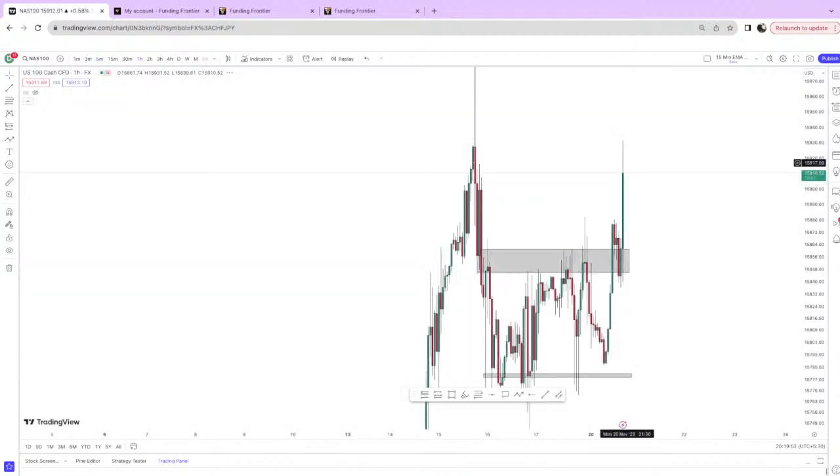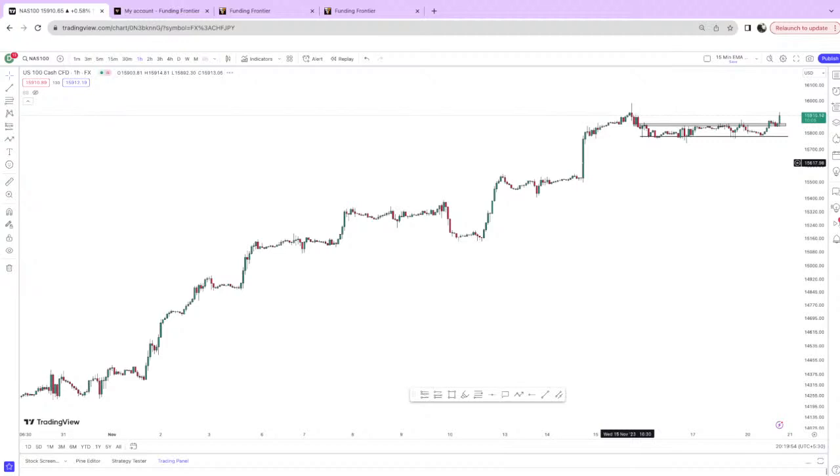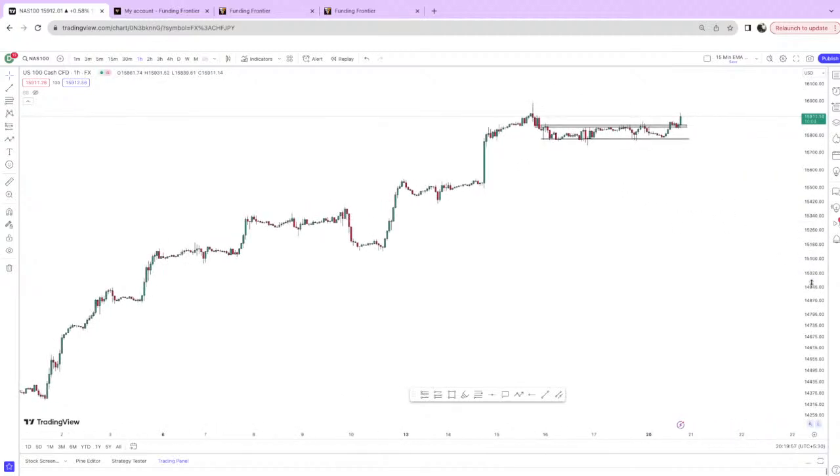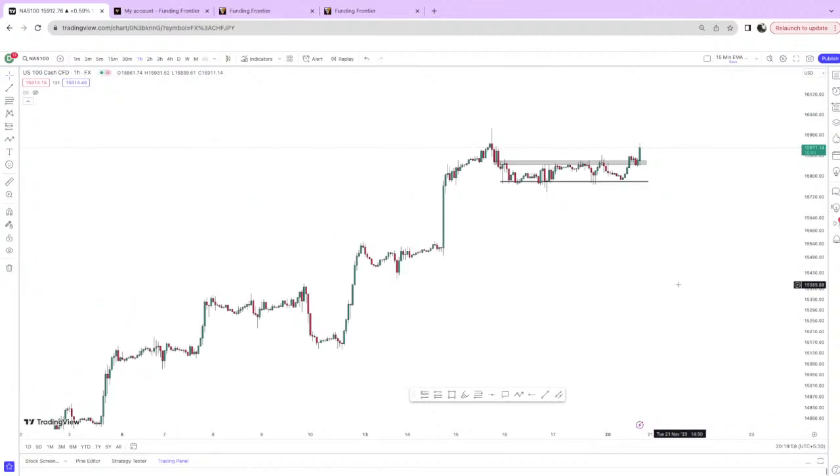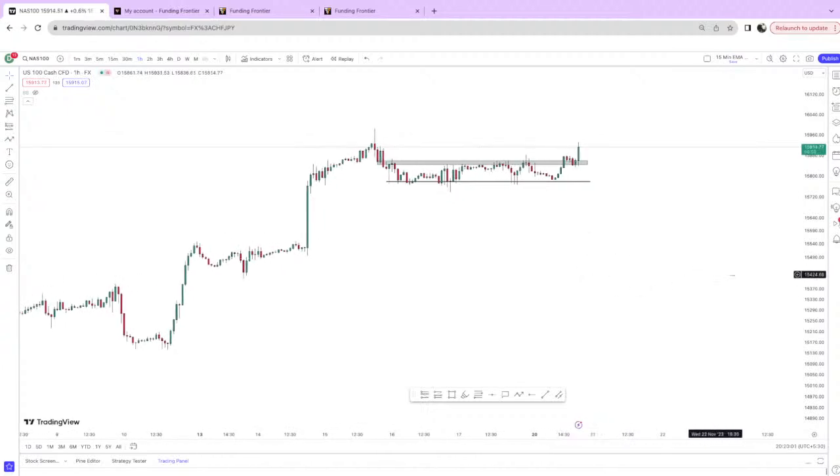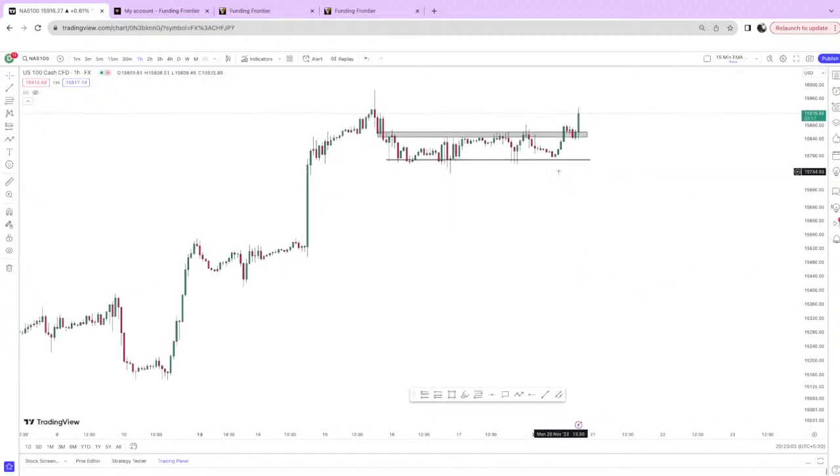Let's see. Even in the 1 hour time frame it has crossed the consolidation. It was consolidating for 20-30 hours, and now it has broken this. If you see this on 1 hour, this was consolidation, this was breakout, this is retest, and then a good bullish candle.